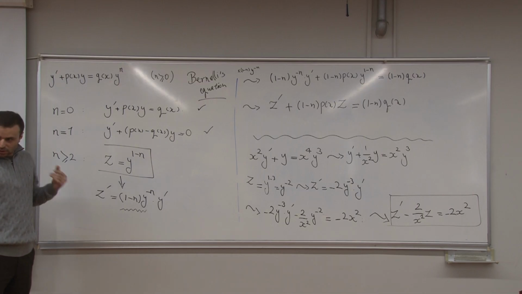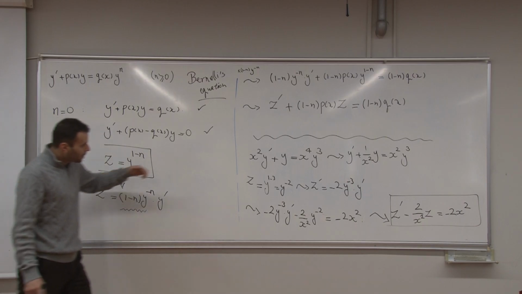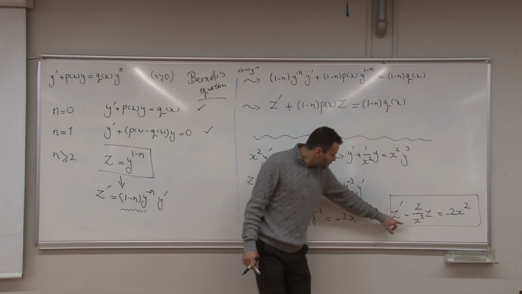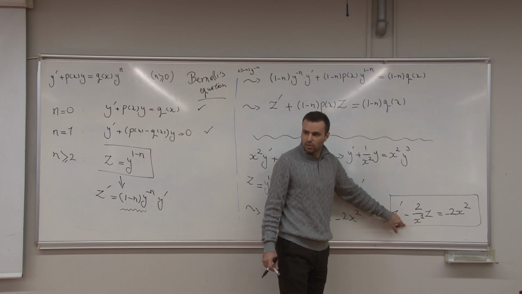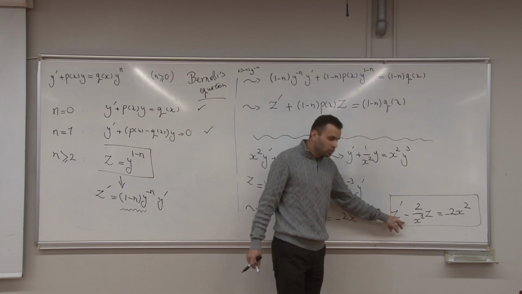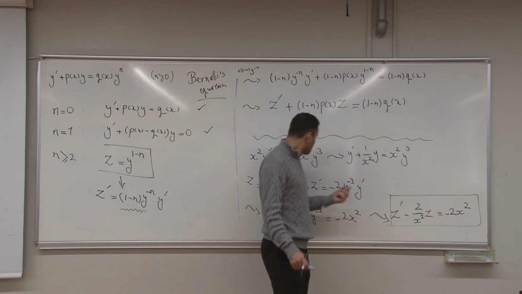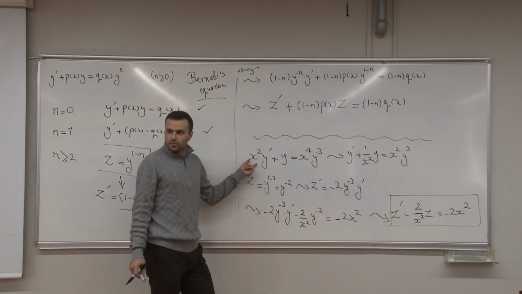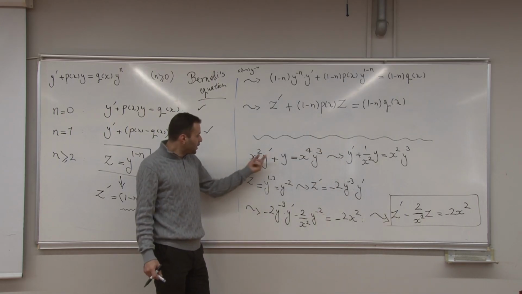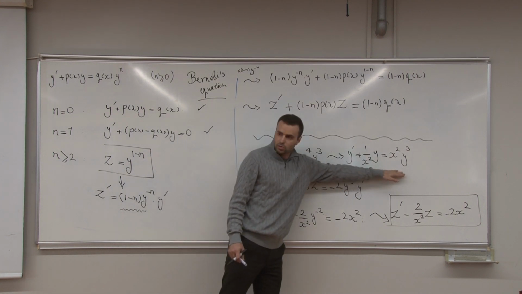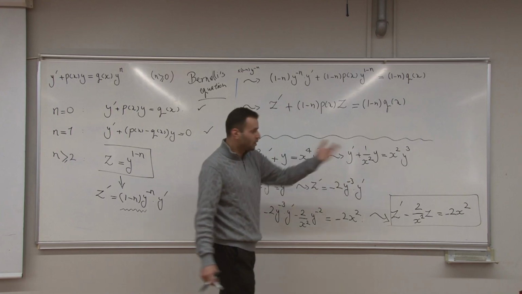We are trying to turn this Bernoulli problem into this first order linear equation. How can we do it? First of all, let's turn it into the standard form. What is the standard form? The coefficient of y prime must be equal to 1, right? So divide everything by x to the power of 2. Is it clear up to now?